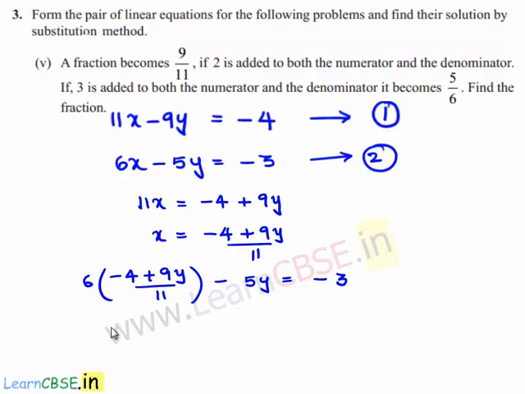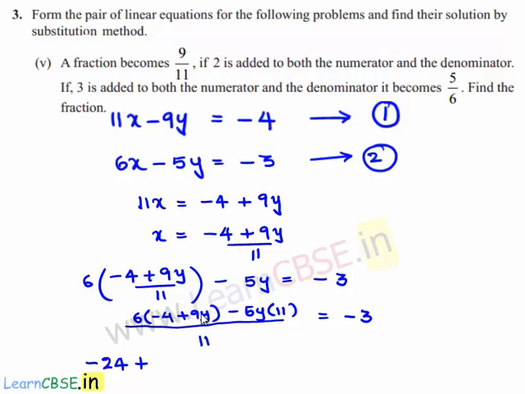Now the LCM is 11. So 6 times of minus 4 plus 9y minus 5y multiplied by 11 is equal to minus 3.